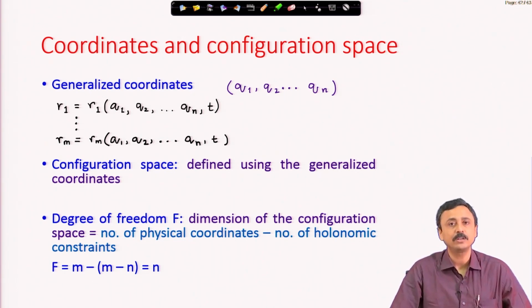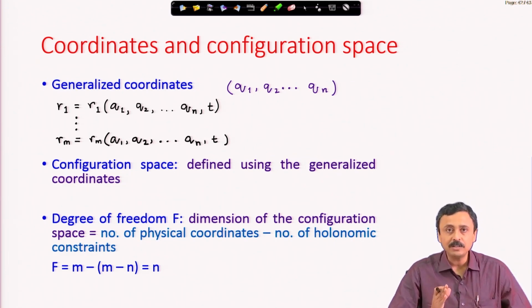So, 6 minus 1 holonomic constraint, 5 degrees of freedom, and 2 non-holonomic constraints, the 2 no slip conditions, do not reduce the degree of freedom. We will still require these 5 things to be specified to completely fix the configuration of a coin: the contact point location xc, yc, the direction of motion of the coin, the psi angle, the tilt of the coin, which is the phi angle, and how much it has spun, the theta angle.